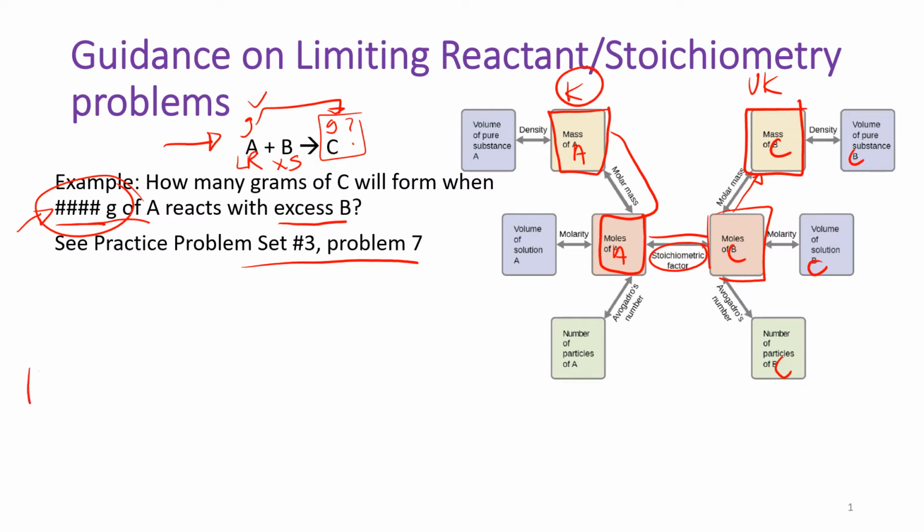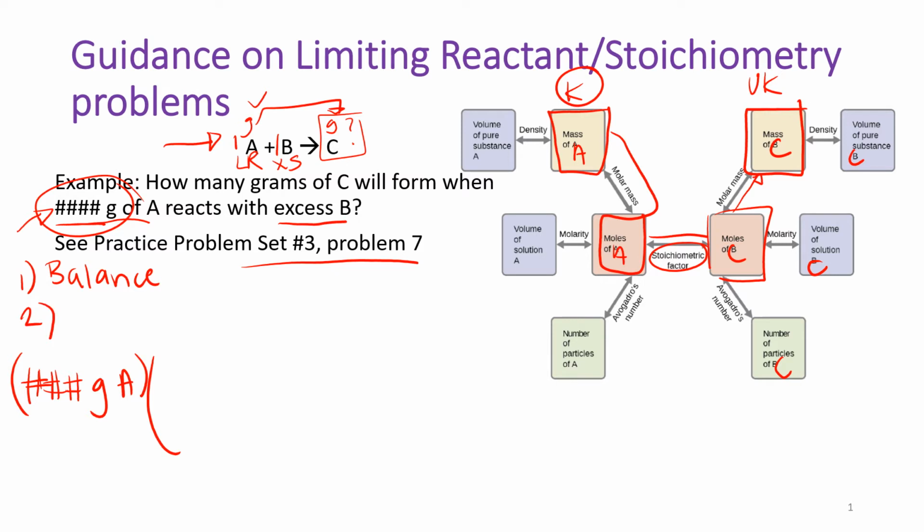You're going to start off with whatever grams you have of A. Oh, and your first step is to balance your reaction. We are going to pretend I already balanced it. So my ratio is 1 to 1. But for you, always check if the reaction is balanced first.